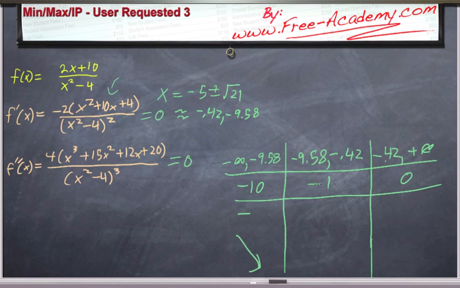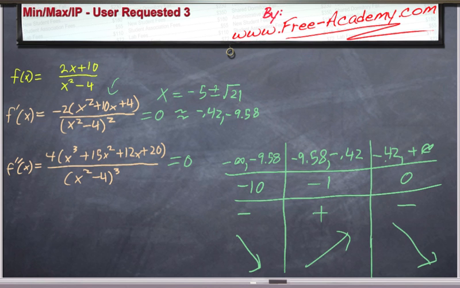However, if you put negative 1 in, you're going to get 1 minus 10 plus 4, which is going to be minus 5 times negative 2, which is going to be positive 10 divided by some positive number. So this must be a positive, so that's increasing. And if you put 0 in, these terms drop out. You get minus 2 plus 4, which is minus 8, so this is negative, so this is decreasing.